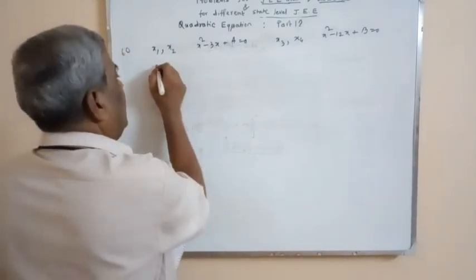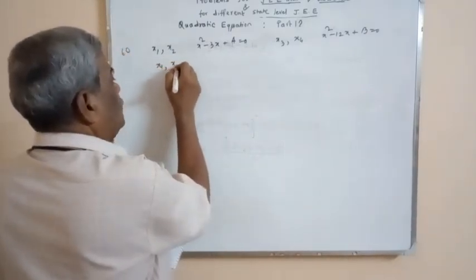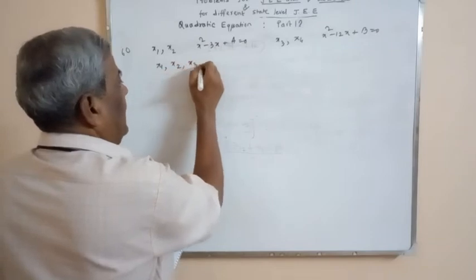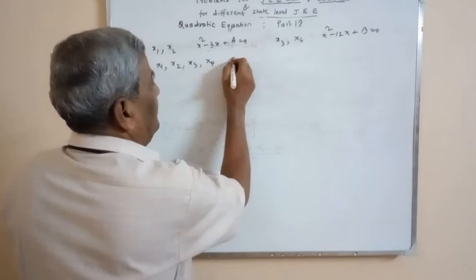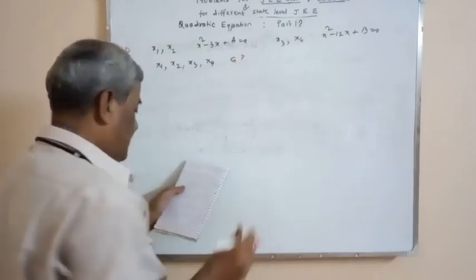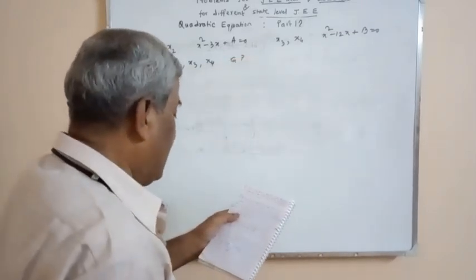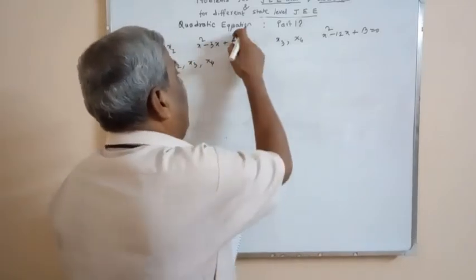Moreover, x1, x2, x3, x4 are in GP. Then find the values of A and B.